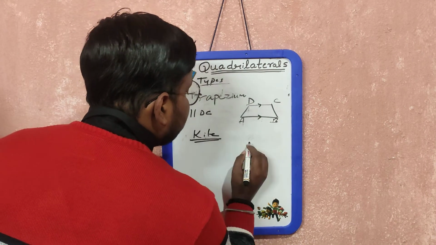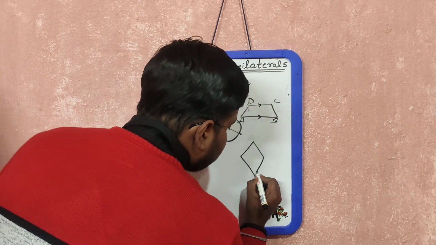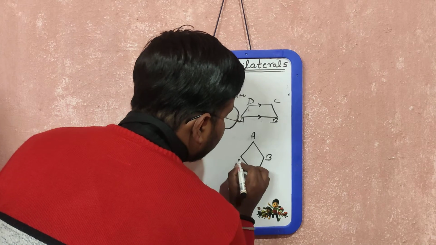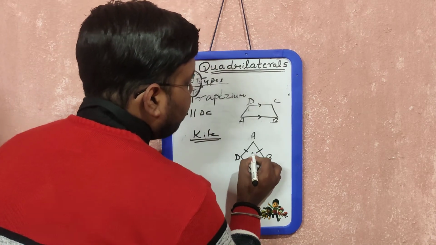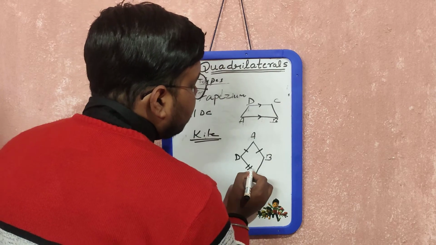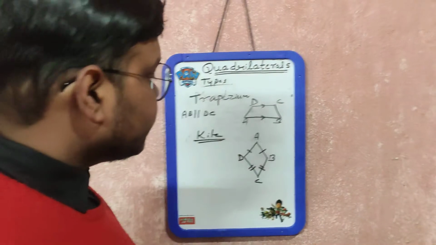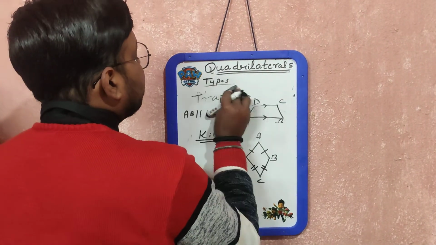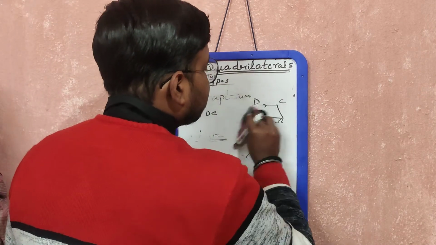In a kite, the adjacent sides are equal to each other. That means AD is equal to AB and DC is equal to BC. So here are the types of quadrilaterals which we are going to study in the next exercises.